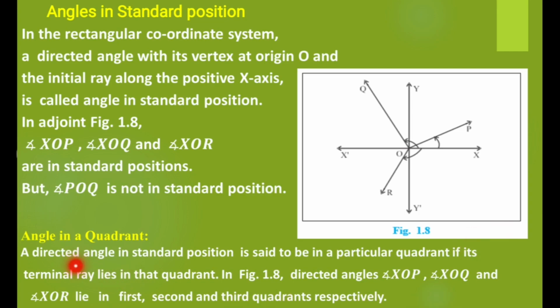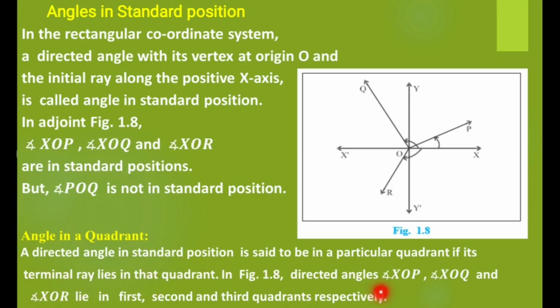Now see angle in a quadrant. A directed angle in standard position is said to be in a particular quadrant if its terminal ray lies in that quadrant. Now see figure 1.8. Here we study angle in quadrant. That means for angle in quadrant, the terminal ray is important.